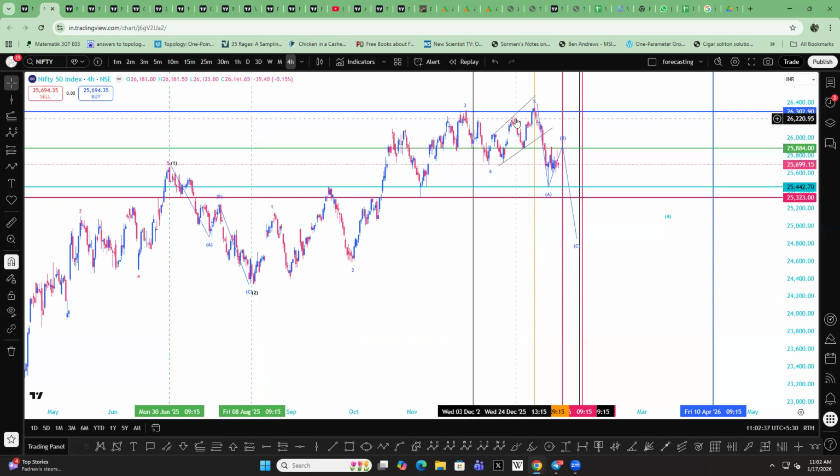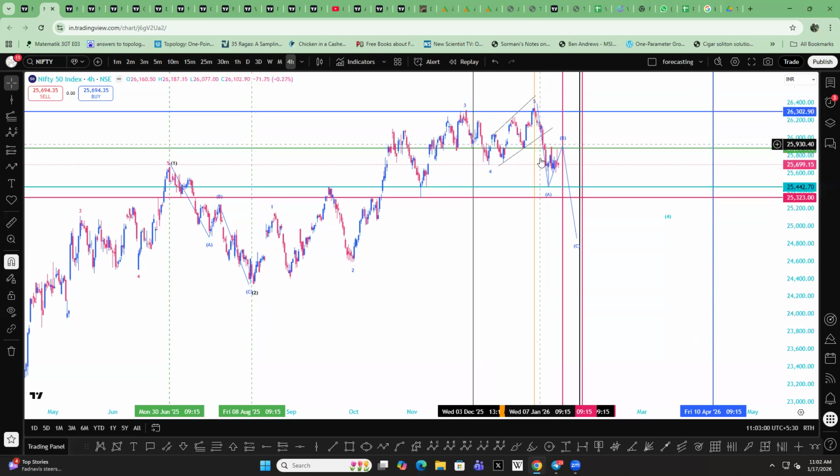See, 1, 2, 3, 4, 5. Why is it called an ending diagonal? Because the waves are overlapping. See, 1, 2, 3, 4 has entered wave 1 territory and then again bounced to complete wave 5. And after an ending diagonal, we always expect a much faster decline, which the market has given us.